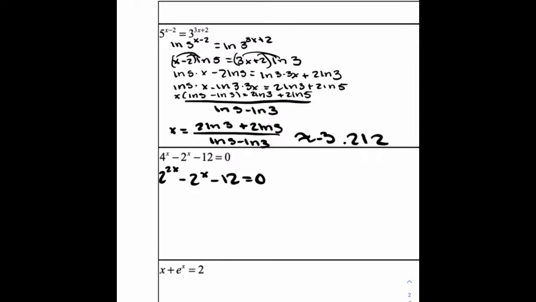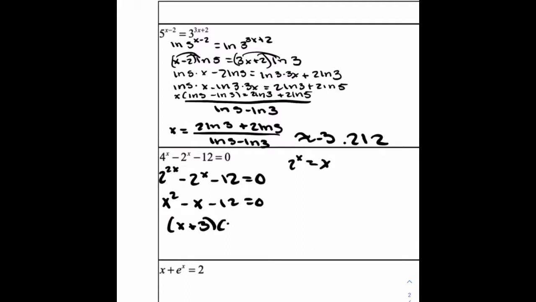This looks like a quadratic function, like x squared minus x minus 12. So I'm going to replace 2 to the x with x. So I'm going to say 2 to the x equals x. So I have x squared minus x minus 12 equals 0.